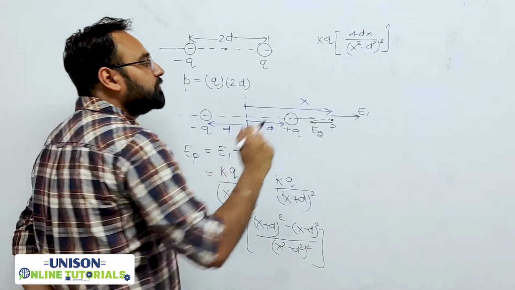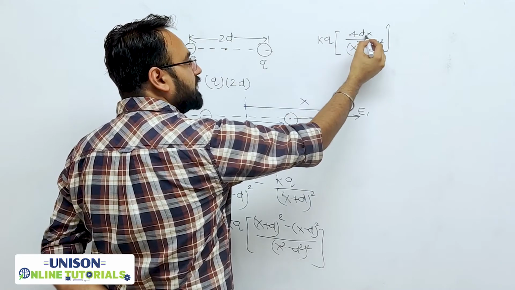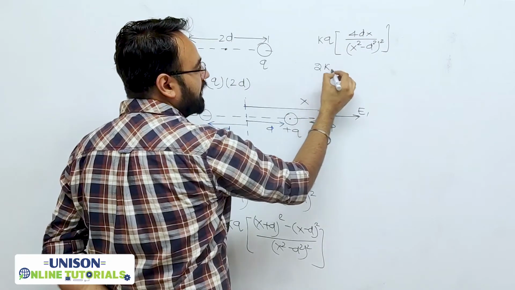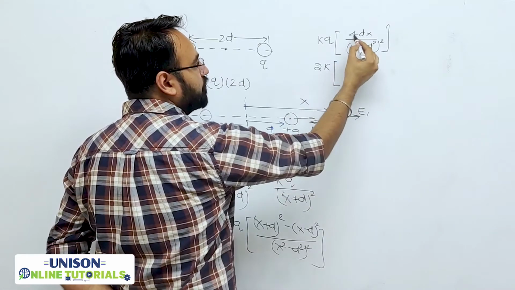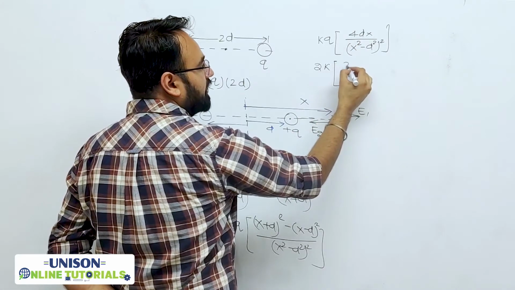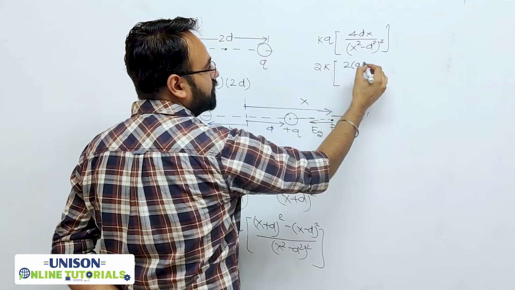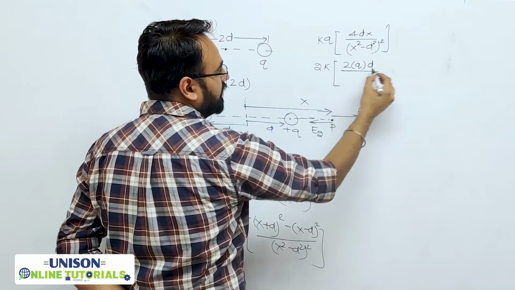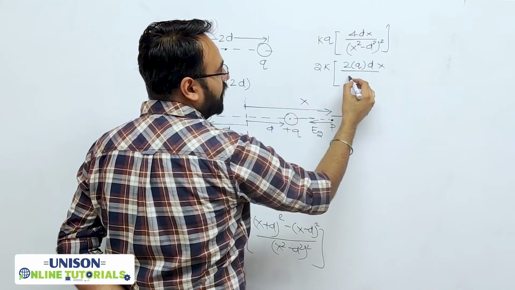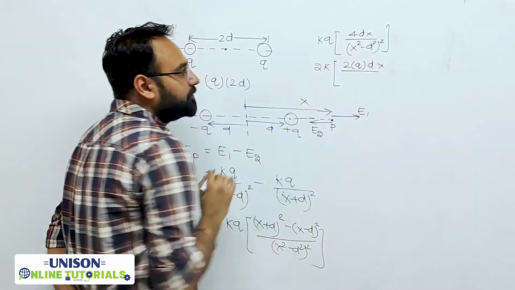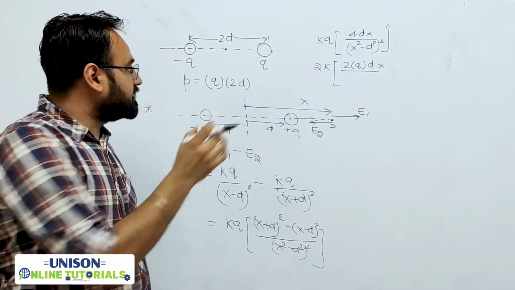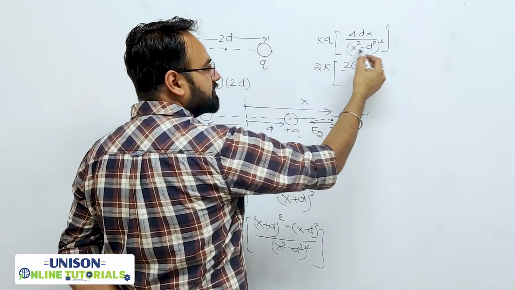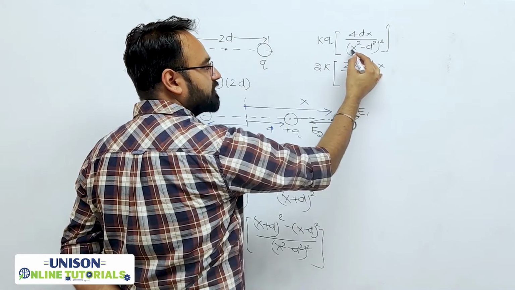Now we know, 2dx into q, can we write it as 2kq into d into x? Now we know this distance d is very small, therefore we can neglect it in the denominator and simply write it as x square.